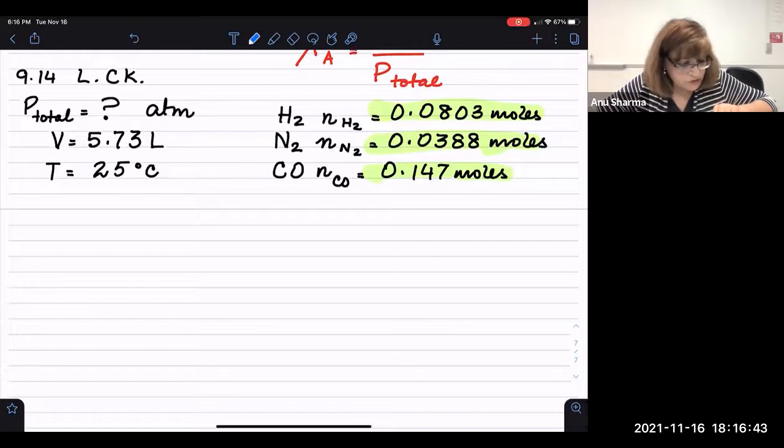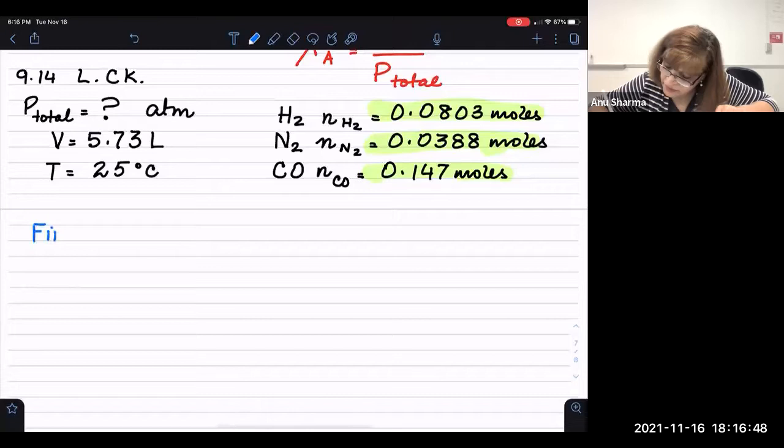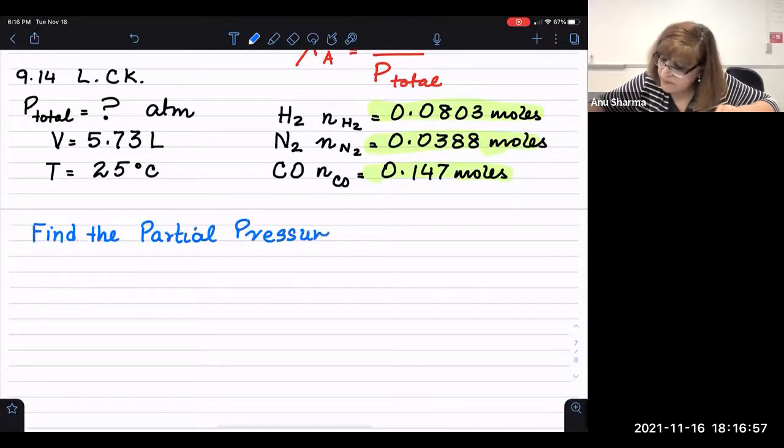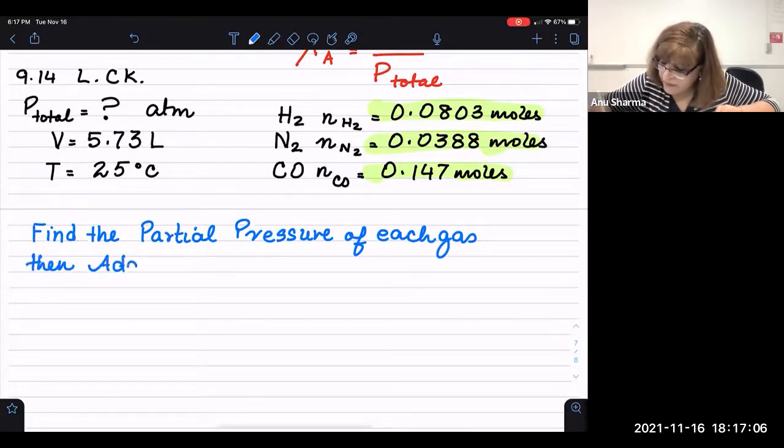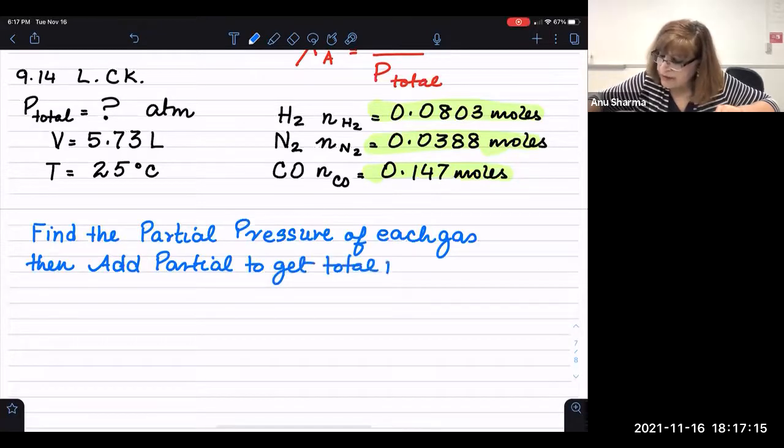What is the total pressure? Here's the thing: you can also find the partial pressures of each gas, then add their partial pressures to get the total pressure.